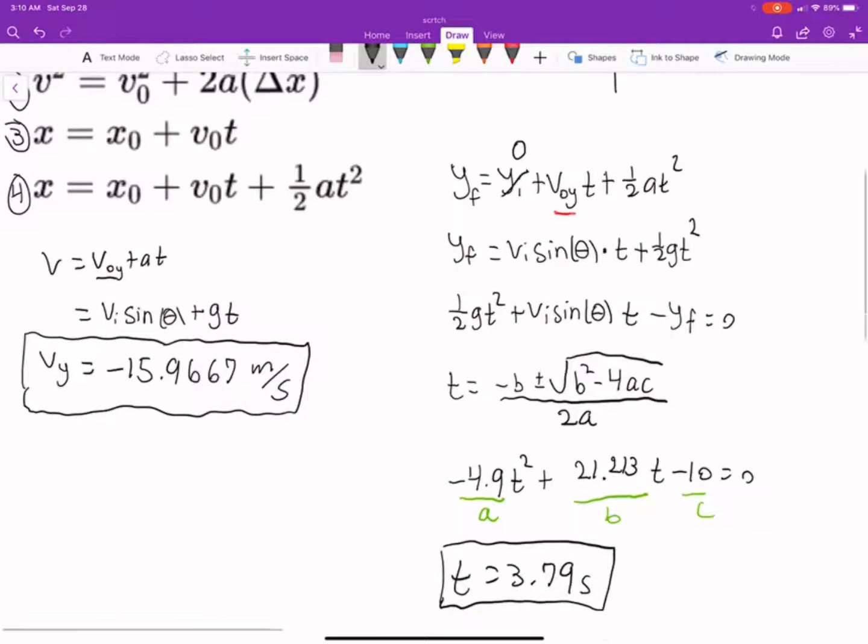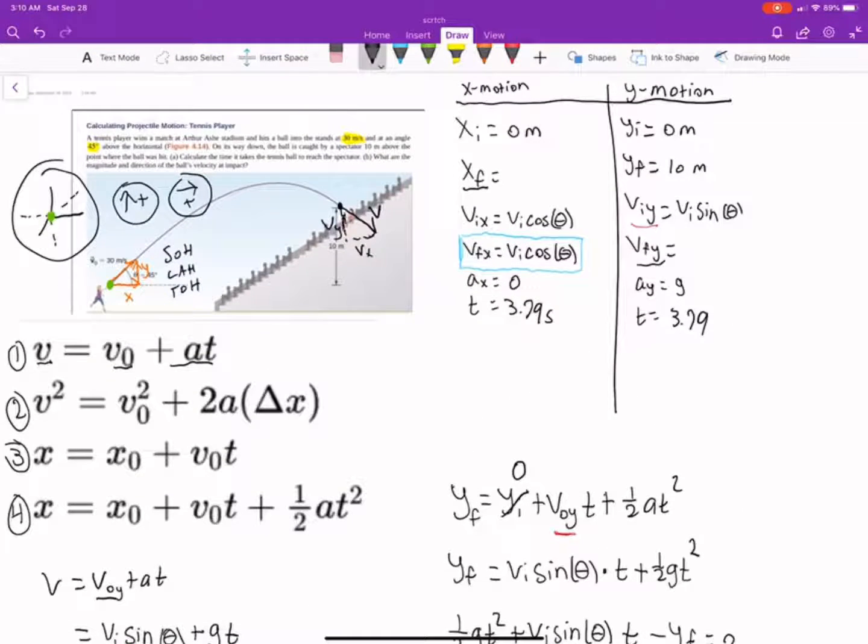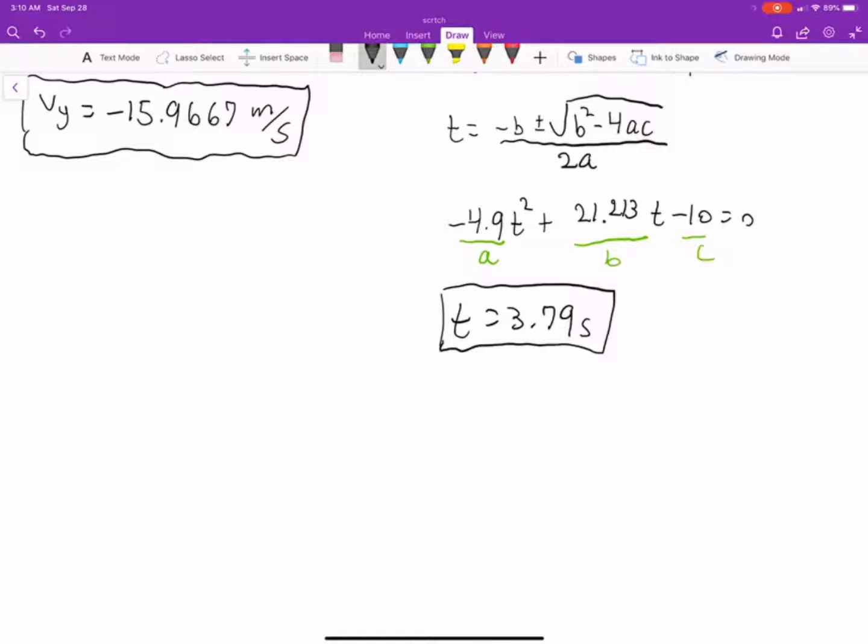Well, now we have the x, so we know this, and this never changed. So if we want the magnitude, that's just the square root of vx squared plus vy squared.